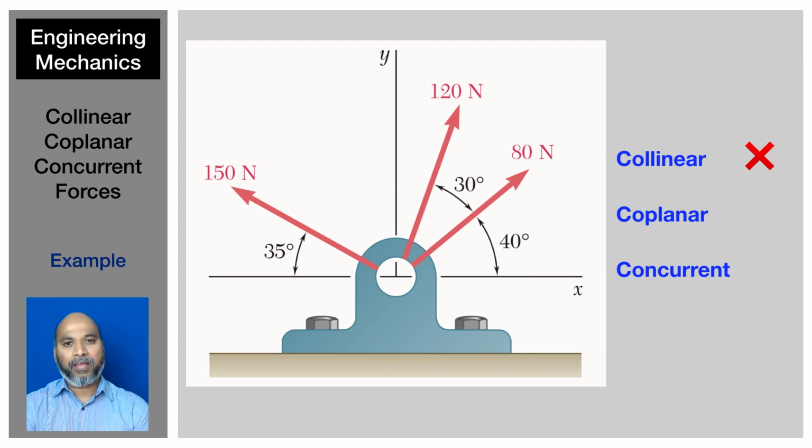Are they coplanar? Of course, they are all in the same plane, the XY plane, as is shown here in the picture, so they are coplanar. Are they concurrent? Do the lines of action intersect at a single point? Yes. So in this example, we see these three forces are coplanar and concurrent, but they are not collinear.